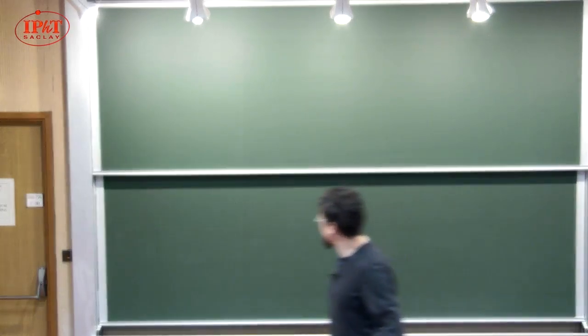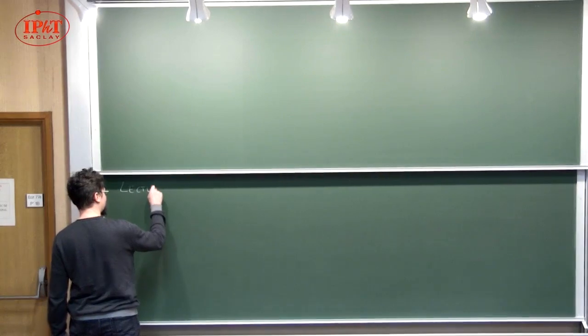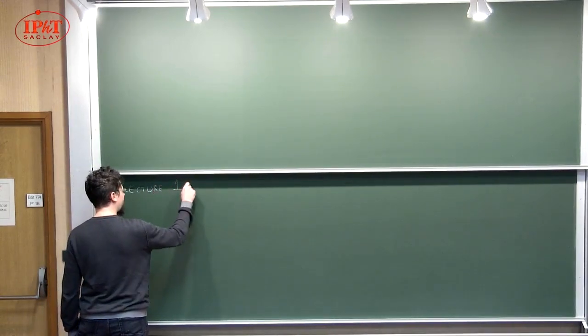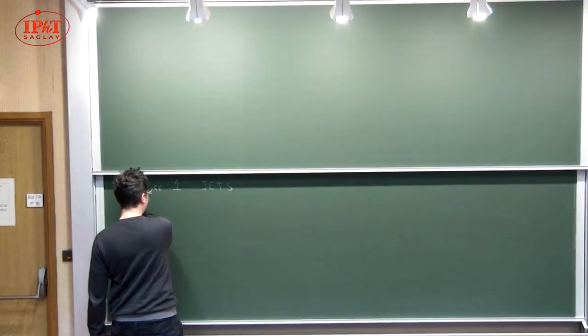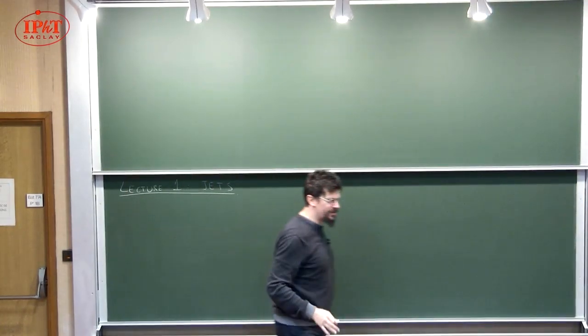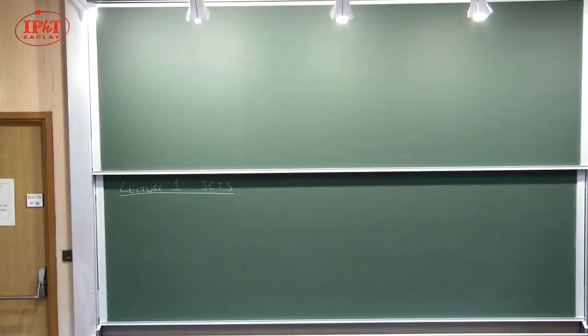So this first lecture is mostly about jets. To do this, I'm first going to start with a bit of generic collider physics, in particular some stuff that I'm going to need for the lectures over the next weeks.